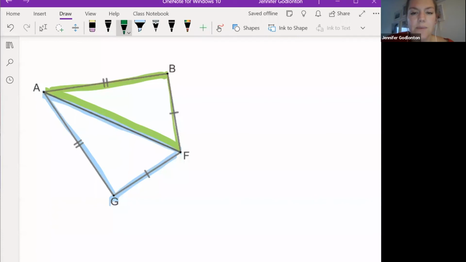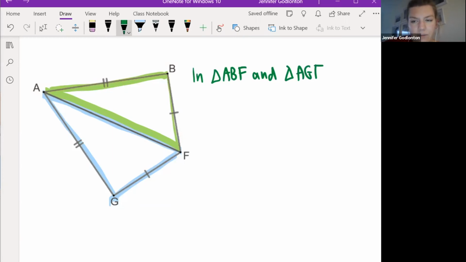So I'm going to say in triangle ABF, and at this point the order doesn't matter, and triangle AGF. So all we're doing in that first step is identifying our triangles. Then we are going to have 3 reasons.